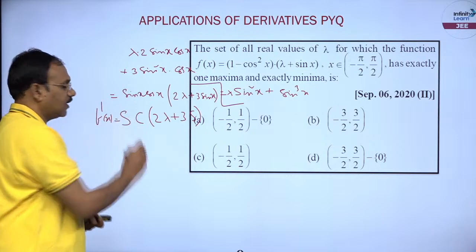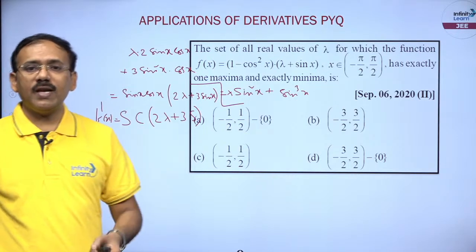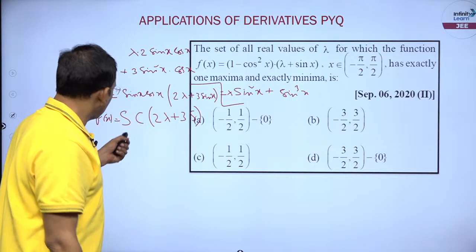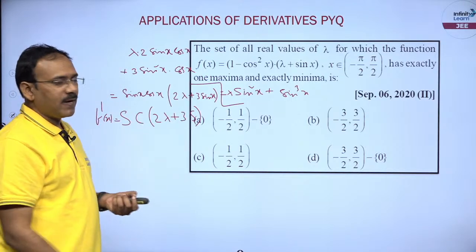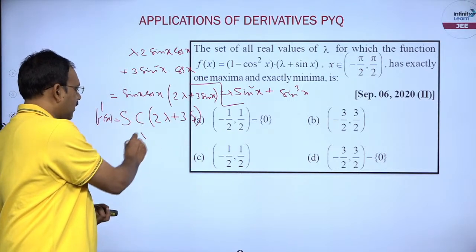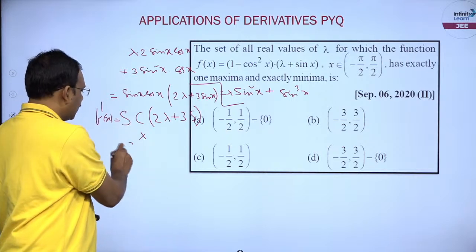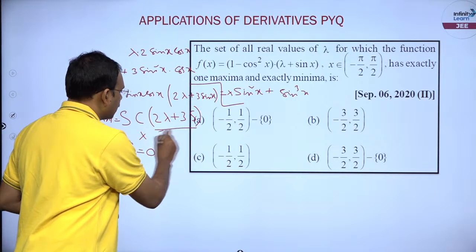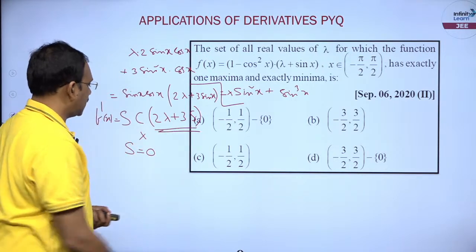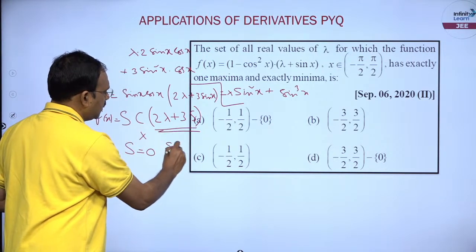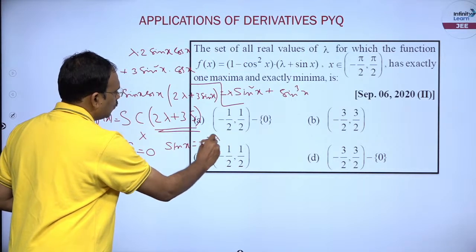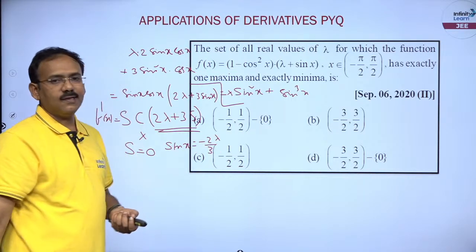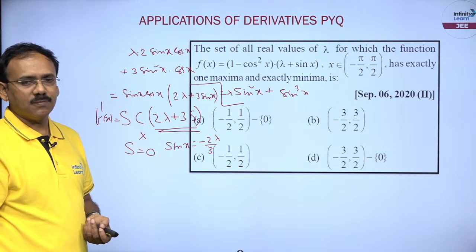You just see where the derivative becomes 0, dear students. So in the open interval minus pi by 2 to pi by 2, cos cannot be 0, sin becomes 0 when x is 0, whereas this becomes 0, 3 sin x, that is when sin x is equal to minus 2 lambda by 3, the derivative 0 is possible.